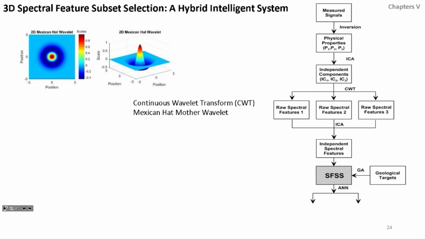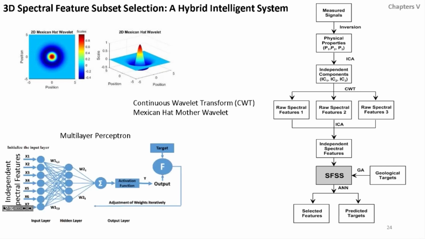The spectral feature subset selection algorithm is based on a multi-layer perceptron model of neural networks. The inputs of the network are extracted independent spectral features. A biobjective genetic algorithm optimizes the output of the network through simultaneous adjustment of the network weights, W's here in this picture, and the different combinations of the input features.